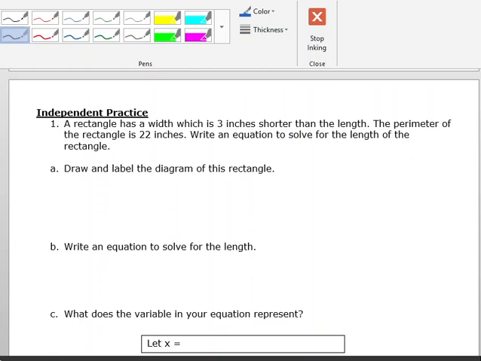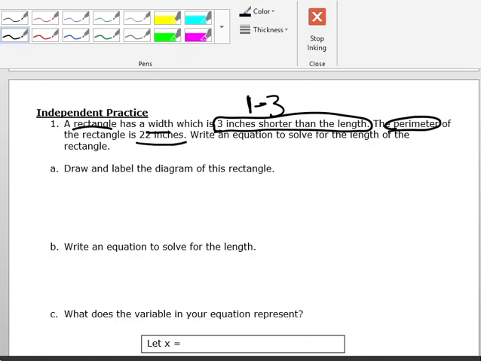A rectangle has, and it's important that it's a rectangle, a width that is 3 inches shorter than the length. So I'm going to think of that as L minus 3. The perimeter of the rectangle is 22 inches. Write an equation to solve for the length of the rectangle.